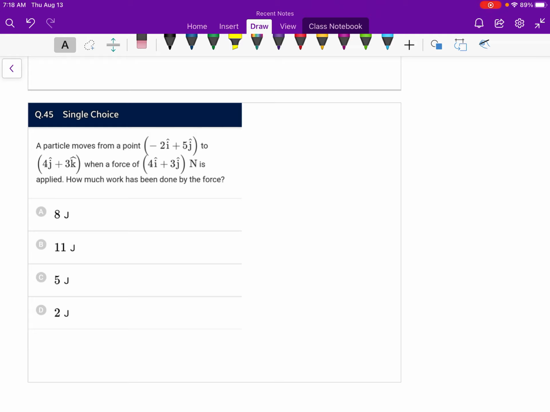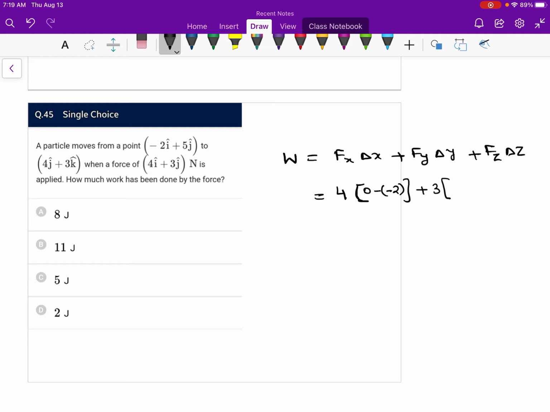Particle moves from point this to this in force this, the work is, so work W is Fx delta x plus Fy delta y plus Fz delta z, so Fx is force and delta x final is 0 and initial is minus 2, x2 minus x1.